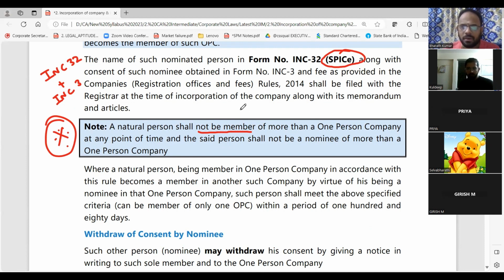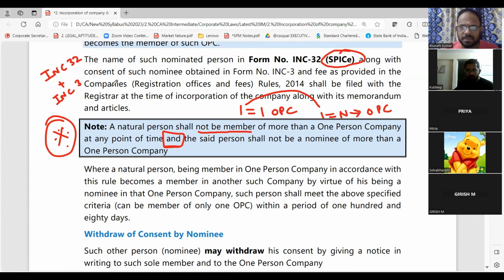That means one person can be a member of only one one-person company. He cannot be a member of a second. And the same person can be a nominee for another one-person company.